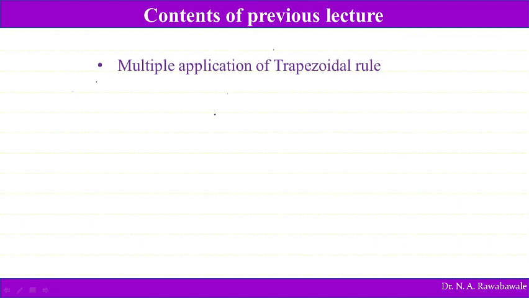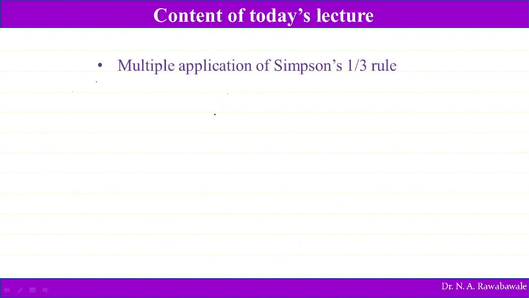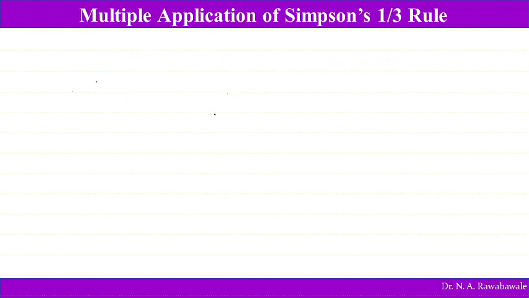In the previous lecture, we discussed multiple application of the trapezoidal rule and Simpson's 1/3 rule. Today we are going to discuss multiple application of Simpson's 1/3 rule and Simpson's 3/8 rule. Now let us see multiple application of Simpson's 1/3 rule. In Simpson's 1/3 rule, we consider 3 points, that means 2 segments.